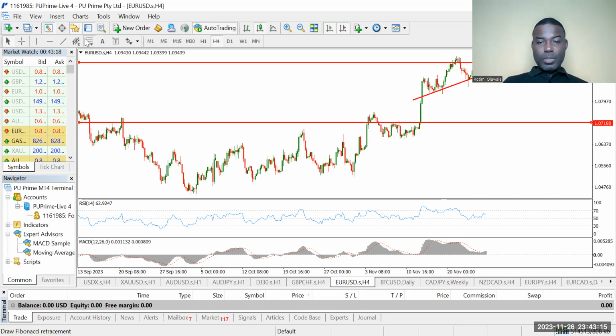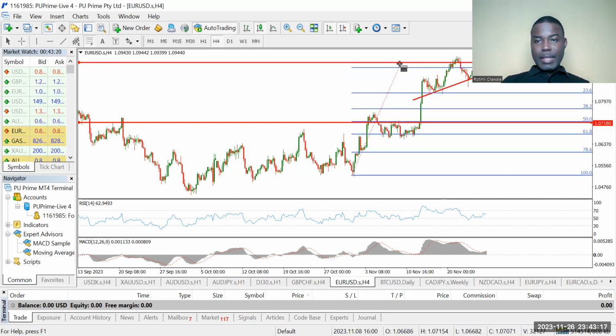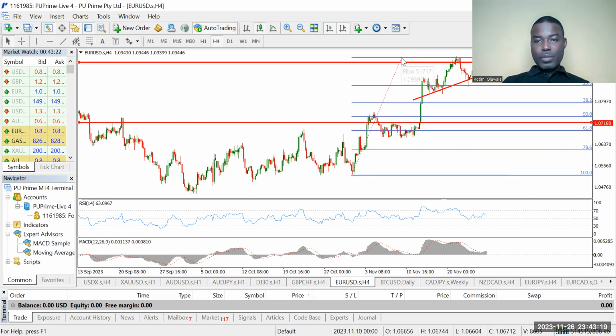But if I still want to use my Fibonacci, I can still draw it up here this way. And my profit level will be in between Fibonacci 50 and Fibonacci 61.8, or better still if it pushes downwards to this level. But either way, I am bearish biased on EURUSD.